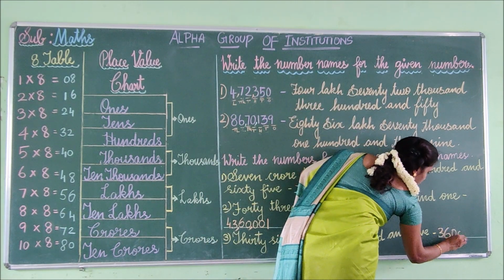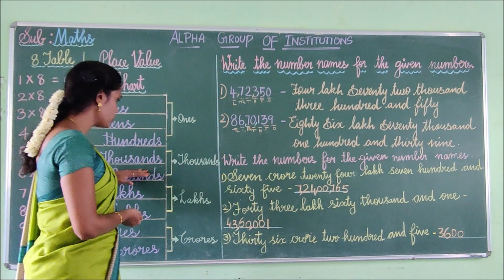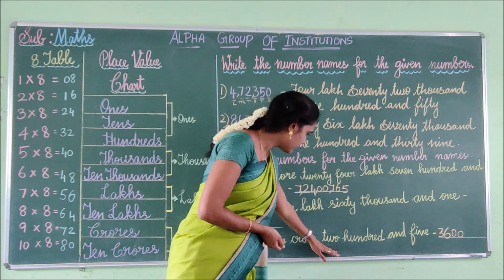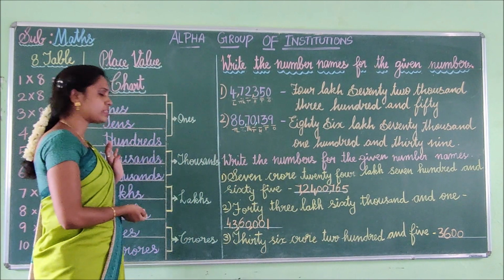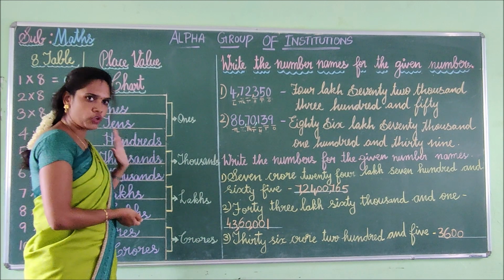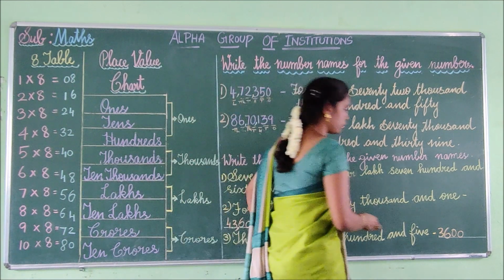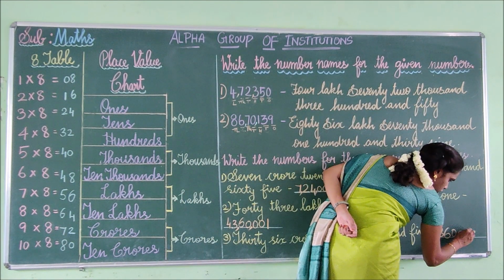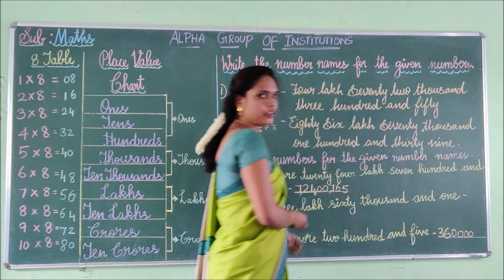After lakhs there should be thousands. Here, is the 1000 place there? No, here there is only the 100 place. So the 1000 place is also missing. So what do you have to put? You have to put 0 instead of 1000. So in the place of 1000 you have to put 0, two zeros.